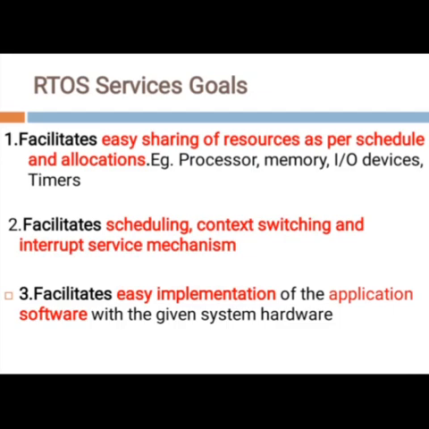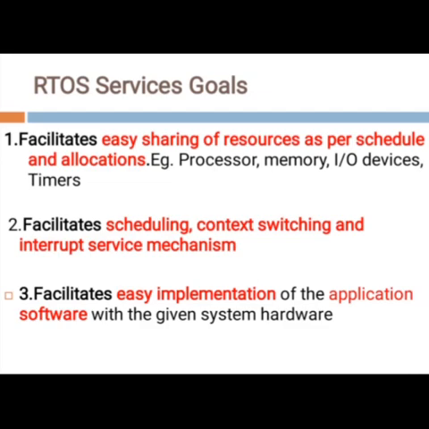Now the next terminology, context switching. Context switching means storing the context or state of a process so that it can be reloaded when required and execution can be resumed from the same point as earlier.